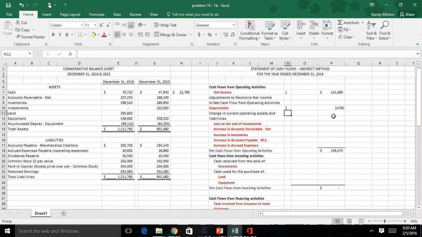Next, we have to look at some of the changes in current operating assets and liabilities that would affect us up here on the operating side. I'm going to skip this first one for a second because you'll be able to see some other things when that happens, and go directly to the increase in accounts receivable, net. I know it's an increase because if I come back over to my two balance sheets, I see for 2016 at the end of the year I had $207,230, and at December 31st of 2015 I only had $188,190.